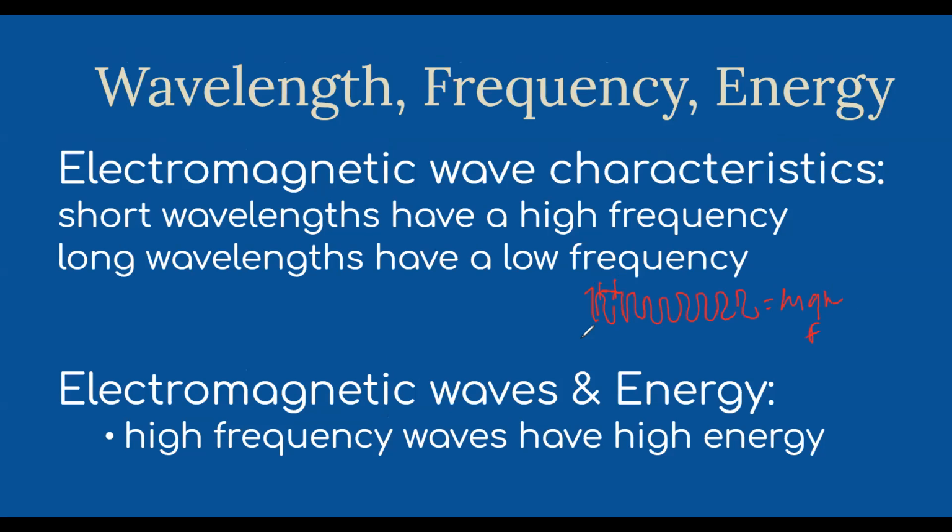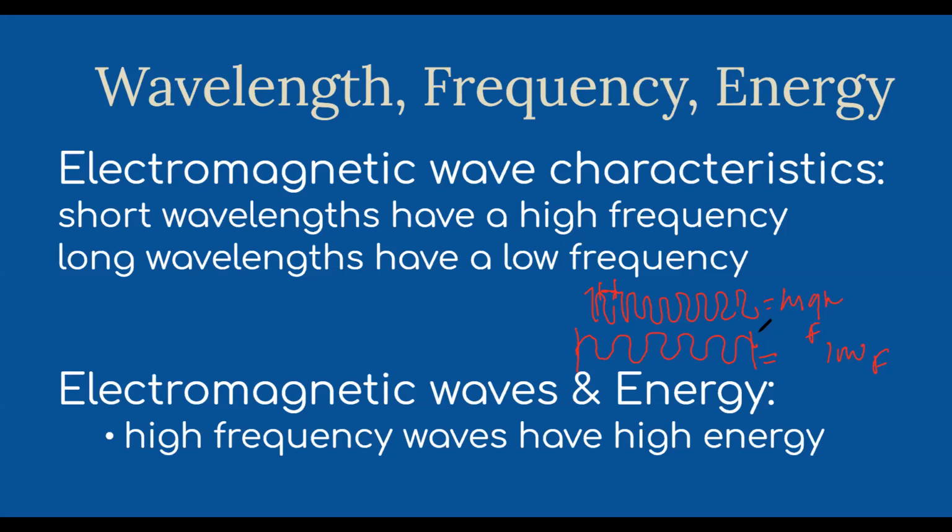If it has a long wavelength, it's going to have low frequency, because notice that the longer the wave, the fewer times it's going to occur. And that is the characteristics of that.